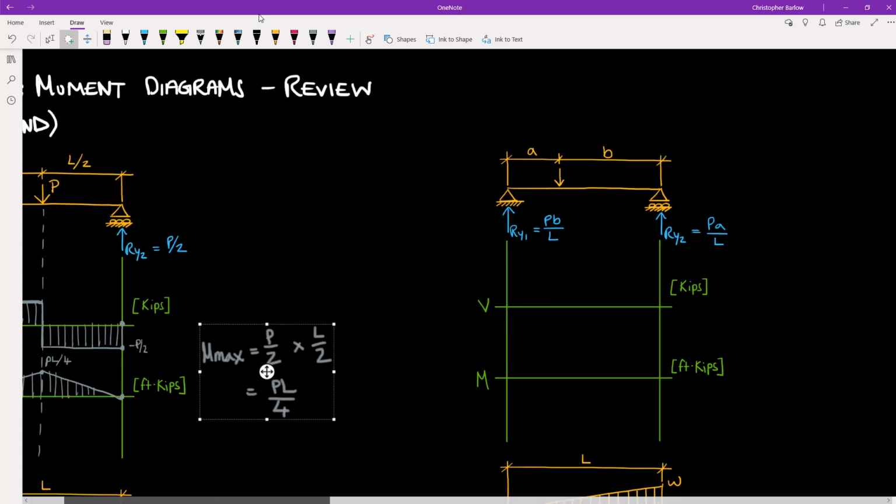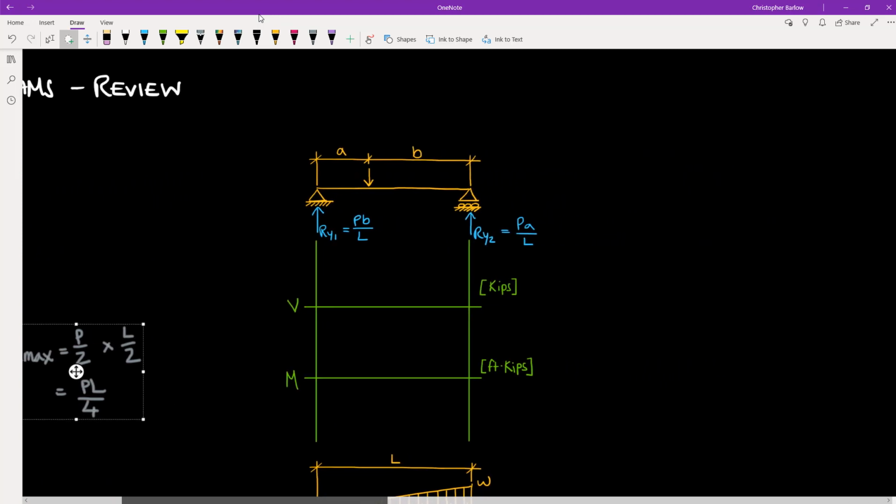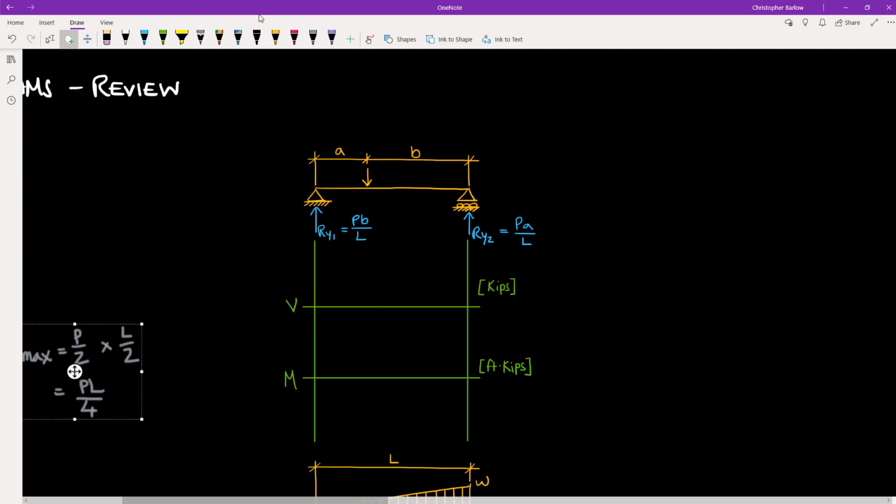Next, let's look at our point load applied at a distance A from our support on the left.